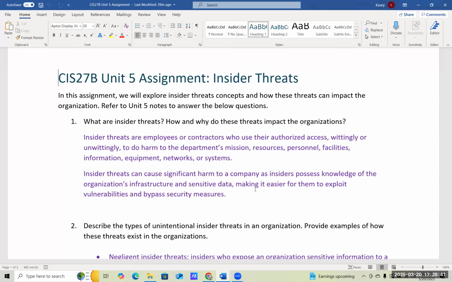Knowing that and having the access makes it easier for insider threats to exploit vulnerabilities and bypass security measures. So it is imperative that we have thorough background checks, especially for the people who access very sensitive, confidential data in the organization.